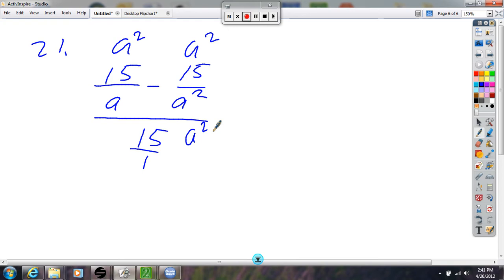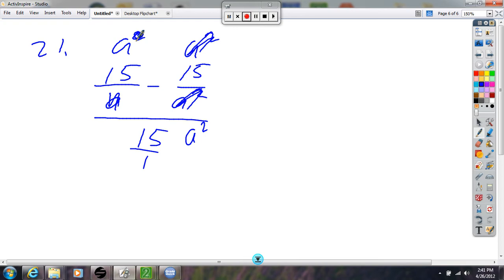Once I put it on top of everything, we go back and do what? We cancel the bottom number, the denominator of each fraction, with its common denominator. These cancel completely. Here I have an A. It cancels with one of them, leaving me 1. Down here, nothing cancels. After we cancel, what do we do?